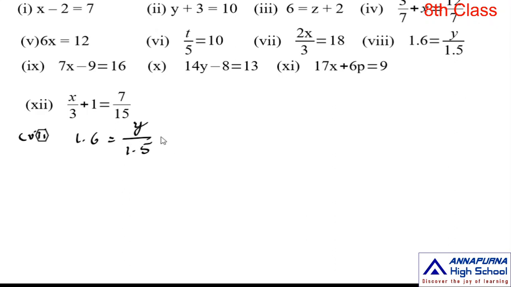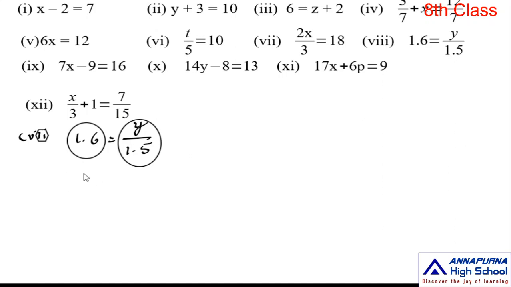But the variable term is on the right side. First we can bring this variable term to the left side. That's why here I interchange the RHS part and LHS part completely.